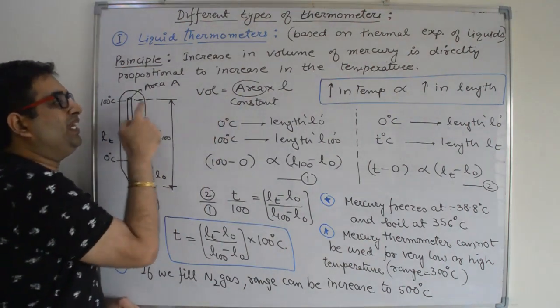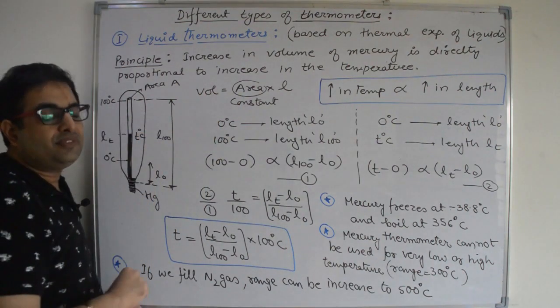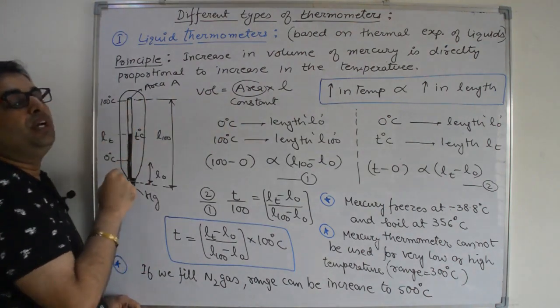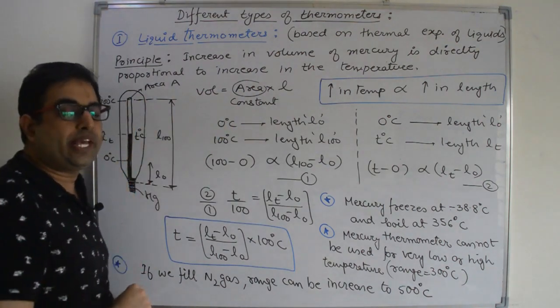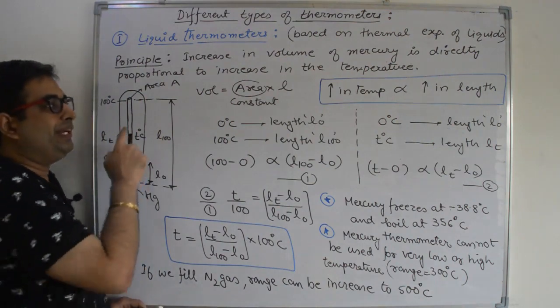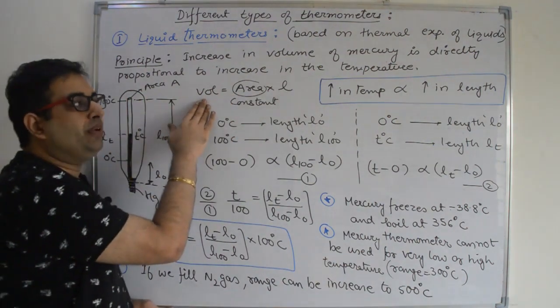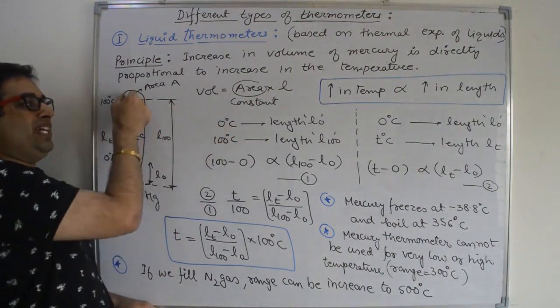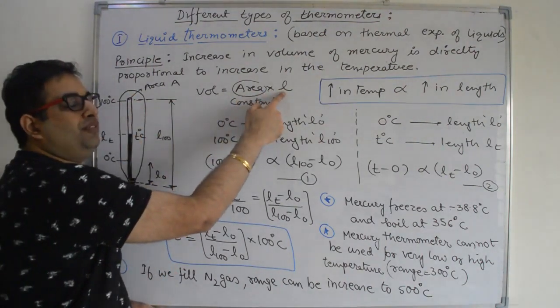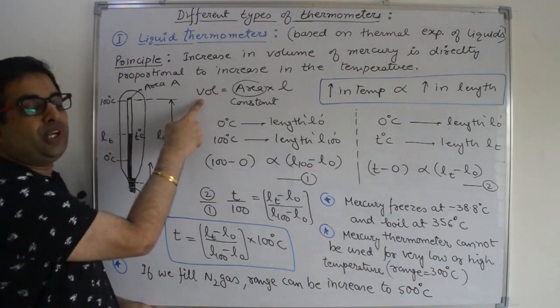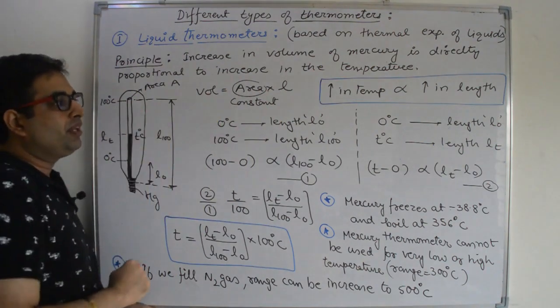So here the area of this tube is fixed. We are neglecting any expansion in the area of this tube. This tube is also known as the capillary tube, right? So there is no change in area. So how will the volume of the mercury increase? Area is fixed, so length or height will increase, then we can say the volume of the mercury is increasing, right?